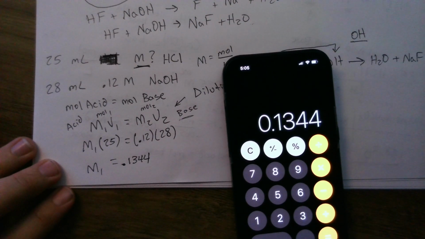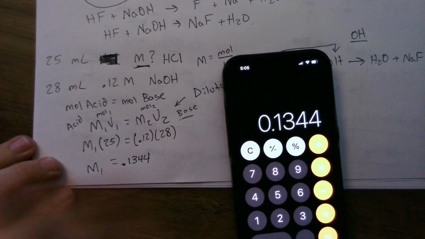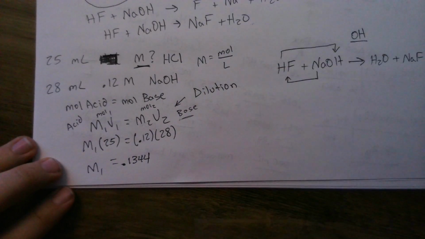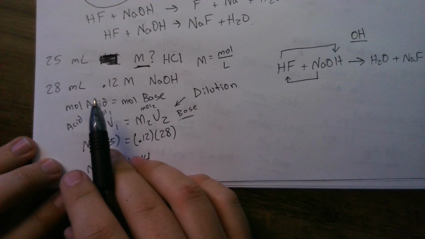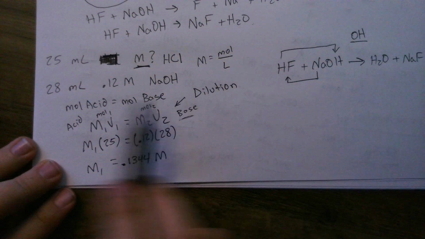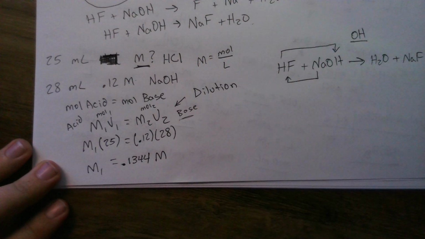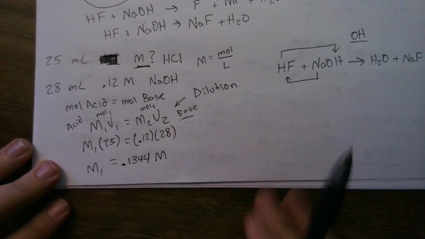There's my answer. 0.1344 is the molarity of my acid. Okay, so that's a shortcut you can use to solve a problem like this. And that number kind of makes sense, okay? I have 25 milliliters of this and 28 milliliters of this, so their molarity should be relatively close. 0.12 and 0.13 are pretty close.